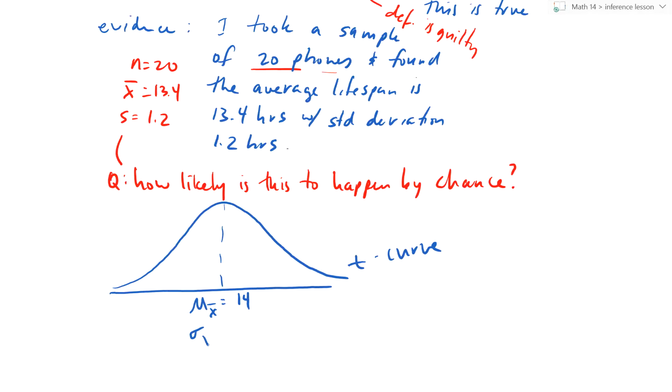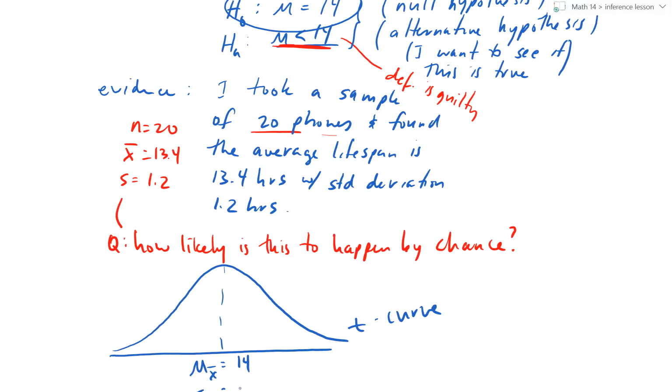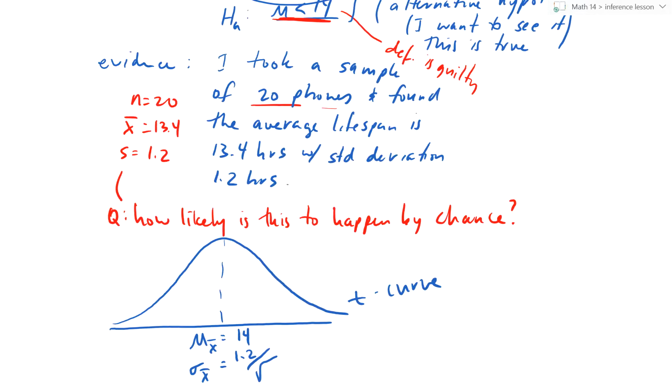The standard deviation of all my samples, since I don't know the population, is 1.2 divided by the square root of 20, which is 0.268. And again, it's a t-curve because I'm using s over the square root of n and not sigma over the square root of n.